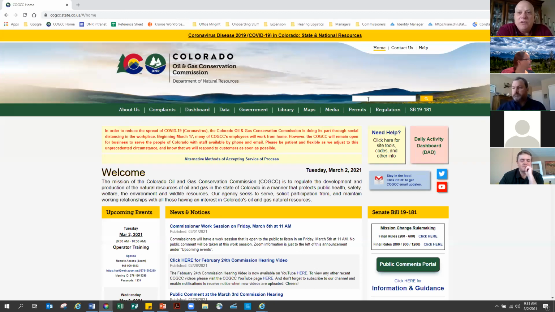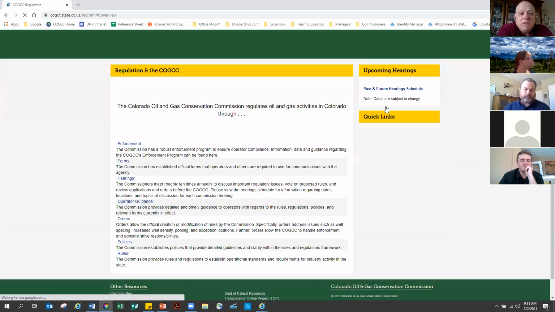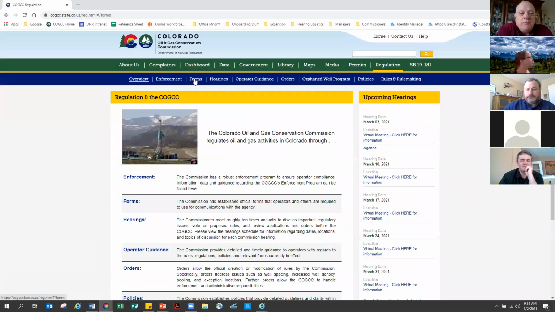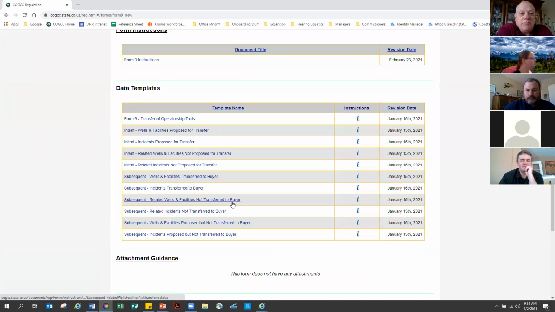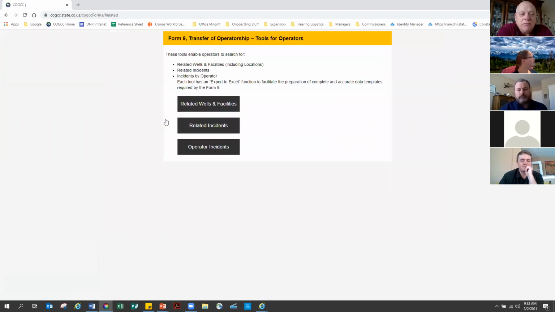We have released the Form 9. Hannah's going to navigate to the forms tools that Greg alluded to. So it's regulation forms, then Form 9, click on the transfer of operatorship, and that very first tool in the data templates, the Form 9 transfer of operations tools.